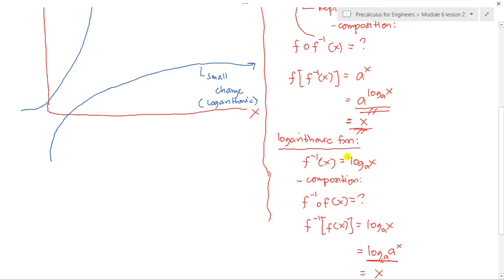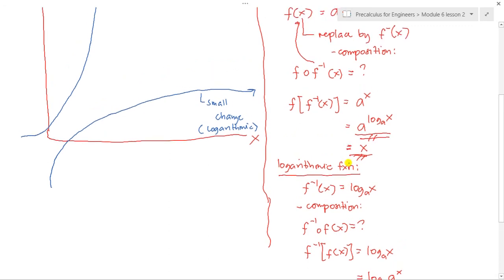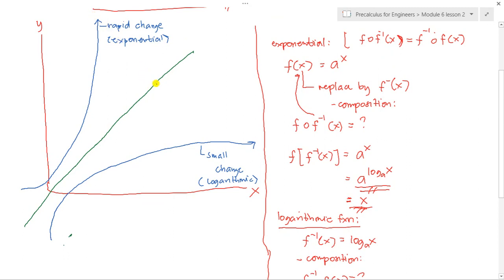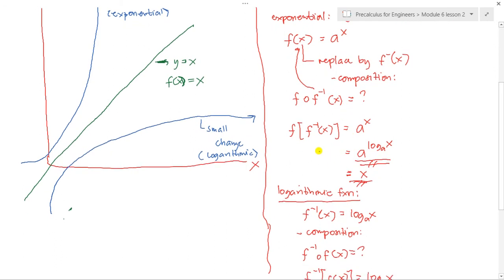Now, what did we get earlier? x. Since both of them are equal, we can represent the line about which they are symmetric: y is equal to x. This line is the reflection line of the logarithmic and exponential functions, denoted by y equals x, or f of x equals x. We took the composition earlier, and then we arrived at f inverse of f of x, or y equals x.